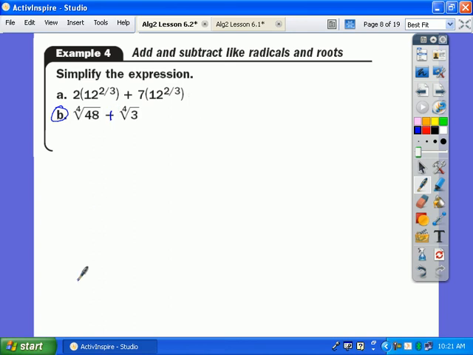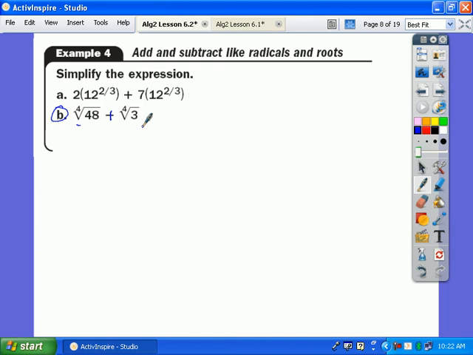They ask us, what's the fourth root of 48 plus the fourth root of 3? The rule is you're not allowed to add roots unless it's the same degree root with the same number underneath. So I can't add these two as they are.